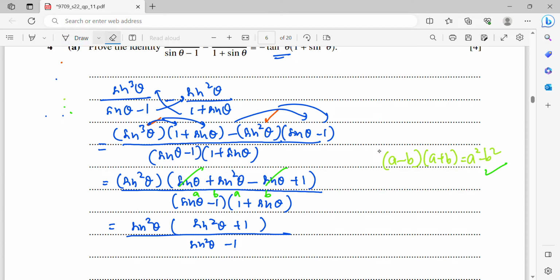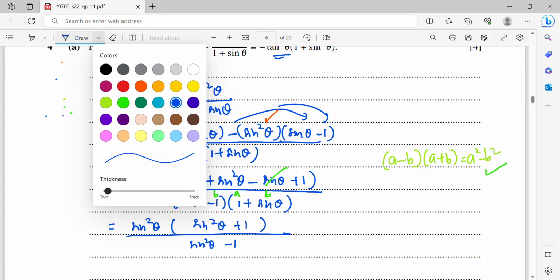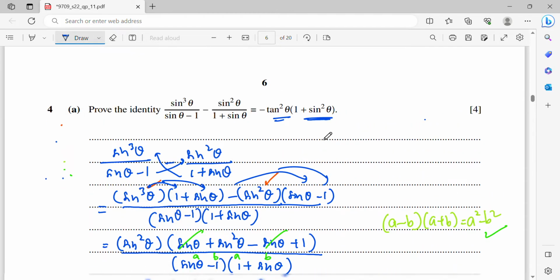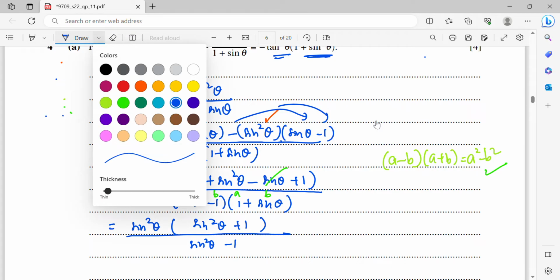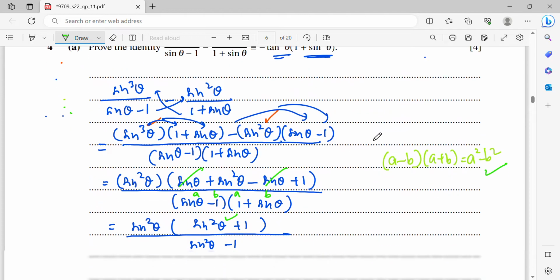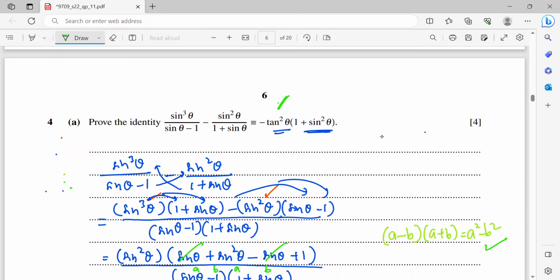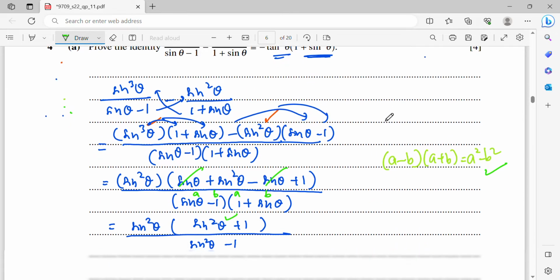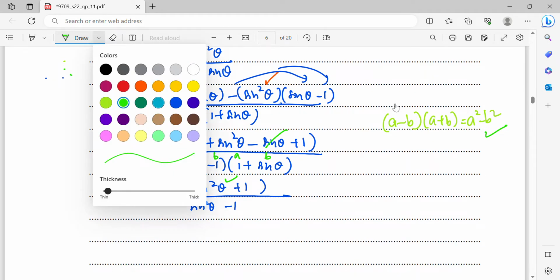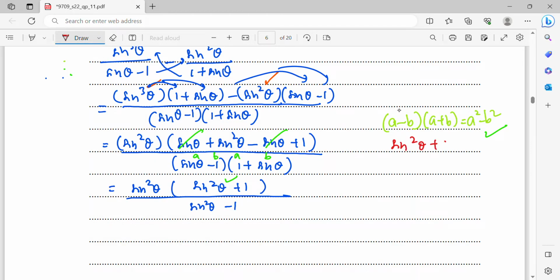Right? So now, by looking at the question, we need to get 1 plus sine squared theta. So I already found 1 plus sine squared theta here. Okay, let me check. Then I need to get tangent squared theta together with the minus. So to get tangent squared theta, we need to have sine over cos, right? Sine squared theta over cos squared theta. Therefore, now I have to use the formula sine squared theta plus cos squared theta is 1.